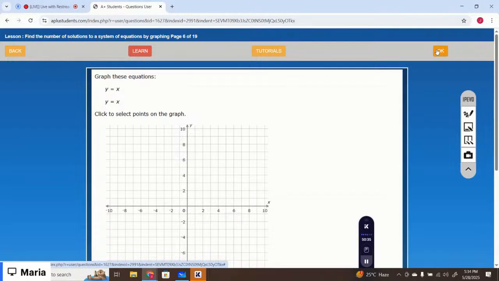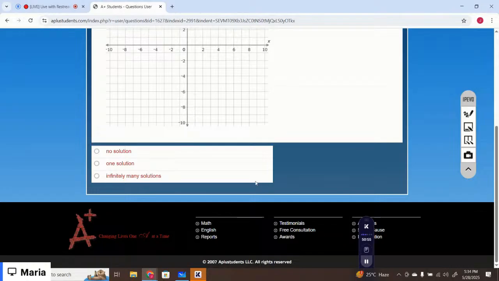Graph these equations: y equals x and y equals x. So the equations are identical, so that means they have infinitely many solutions.